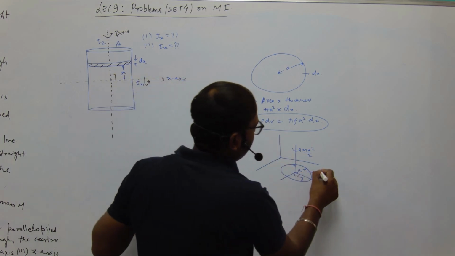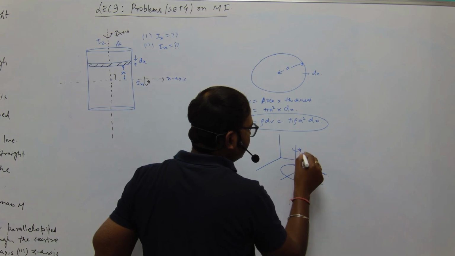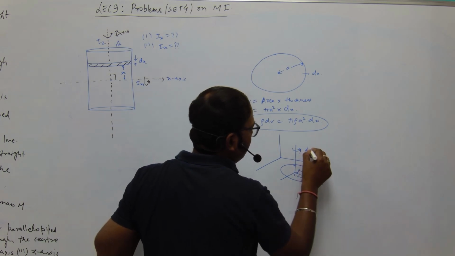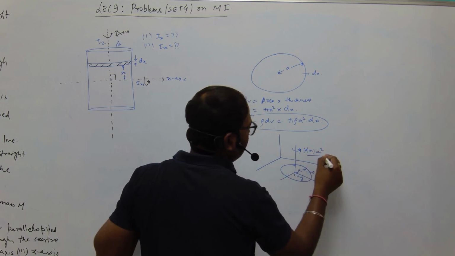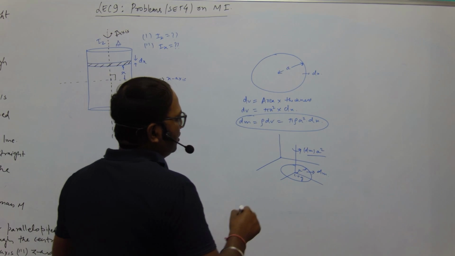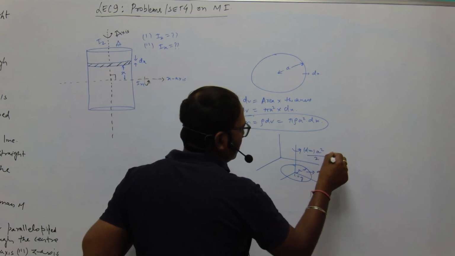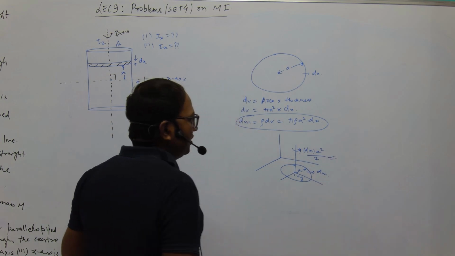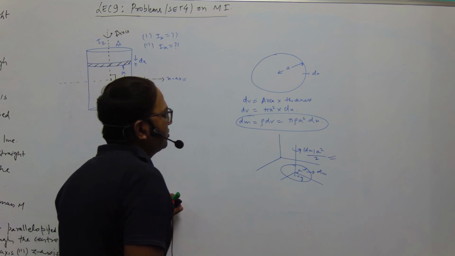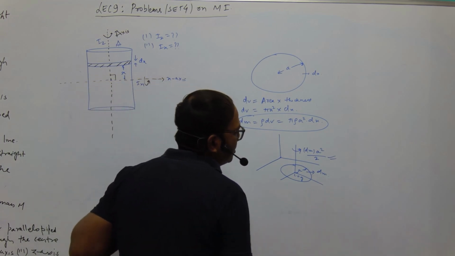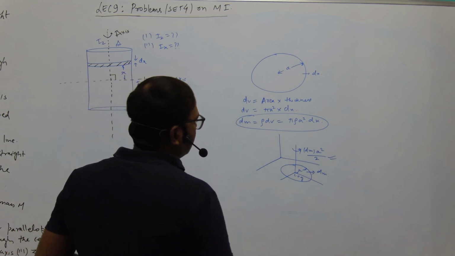So the moment of inertia will be dm into a square upon 2. This is the moment of inertia of the disk about an axis perpendicular to its plane and passing through the center of gravity. We have discussed this in the moment of inertia of rigid bodies.